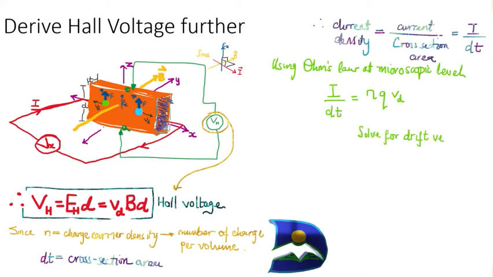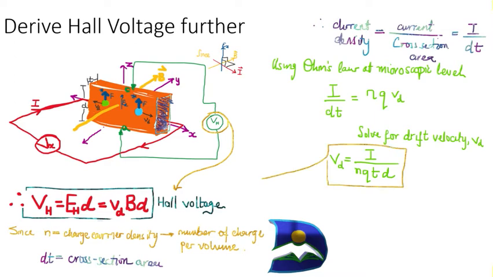Therefore, solving for the drift velocity, which is represented as vd, we can determine vd to be equal to I divided by the product of the charge carrier density times the quantity of charge times the thickness times the width.